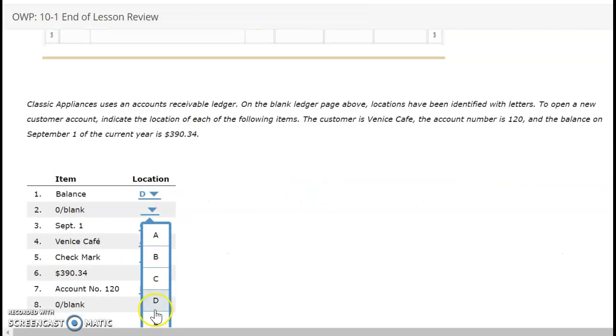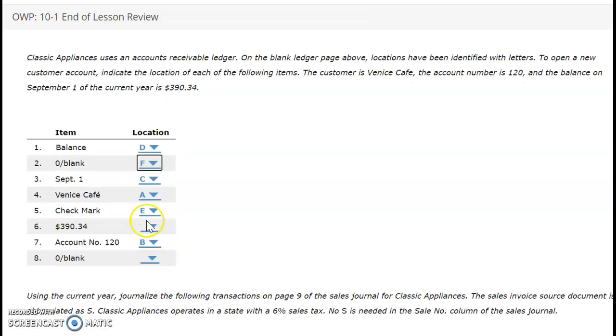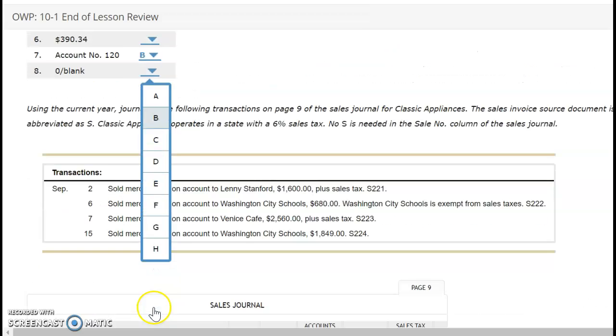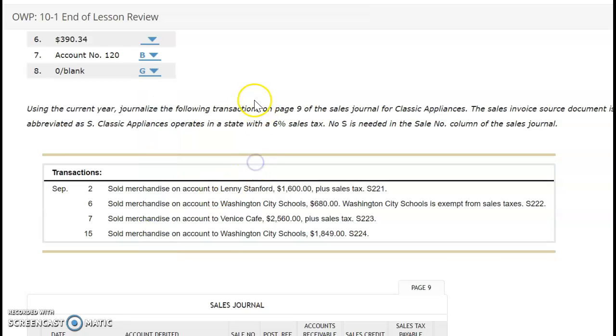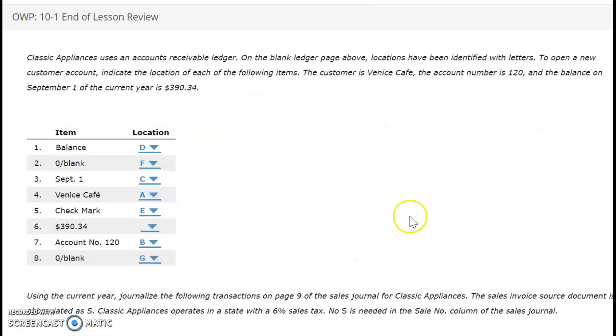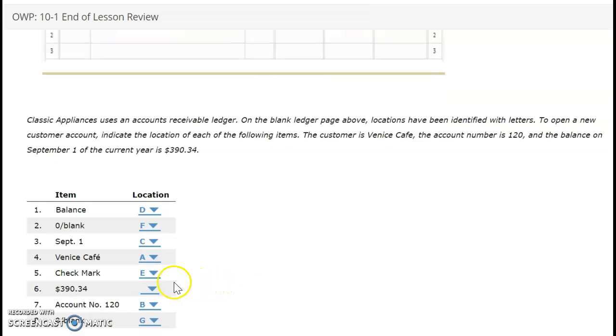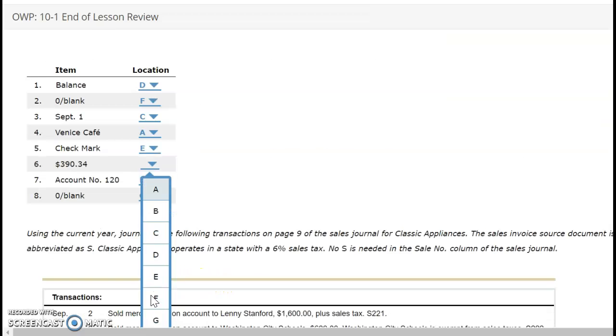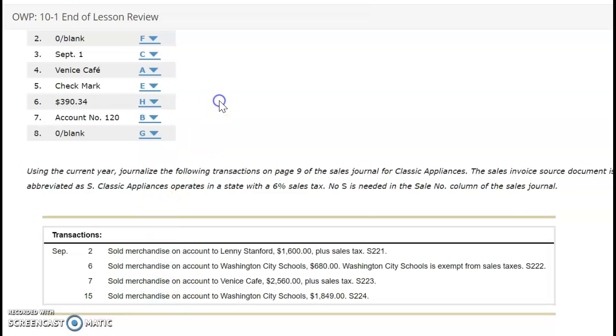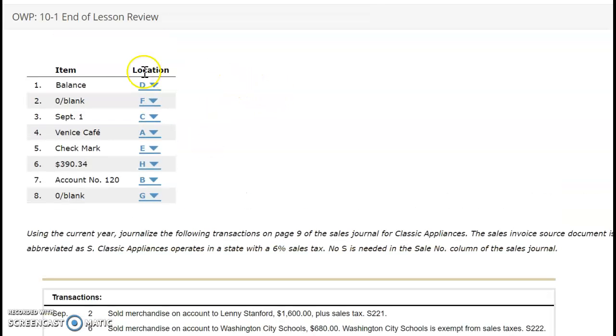So here I'm going to put F. And then down number 8, I'm going to put G. And then we see that there's only one left, and let's just make sure H would be that amount, that balance of $390.34. And I will pick H. So it should go D, F, C, A, E, H, B, G.